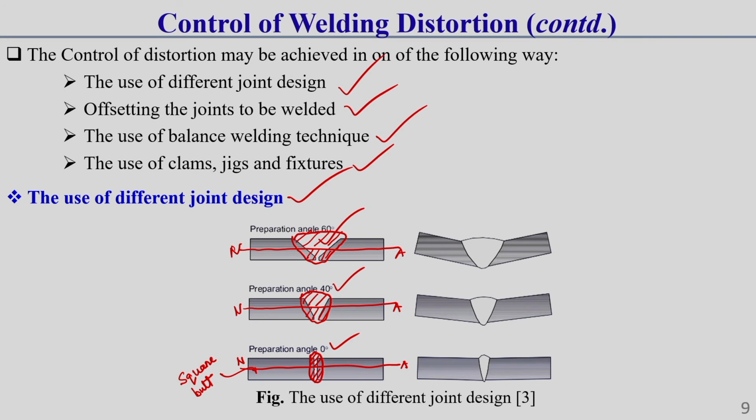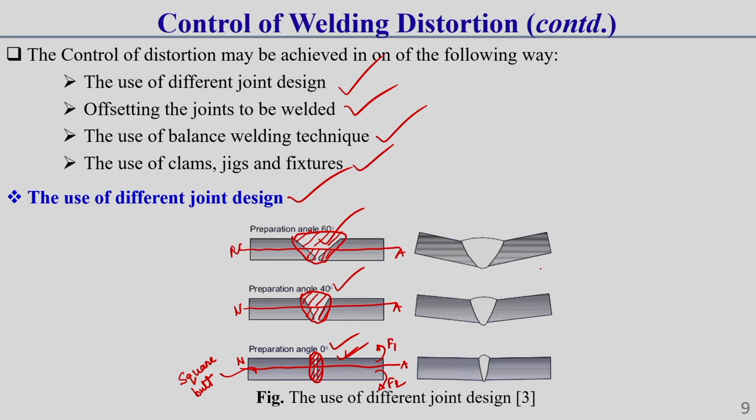Due to this, the shrinkage forces, that means F1 force and F2 force, will be more or less the same, and as the volume of material required in a square butt is less, there is a chance of less distortion, both longitudinal shrinkage as well as angular deformation.